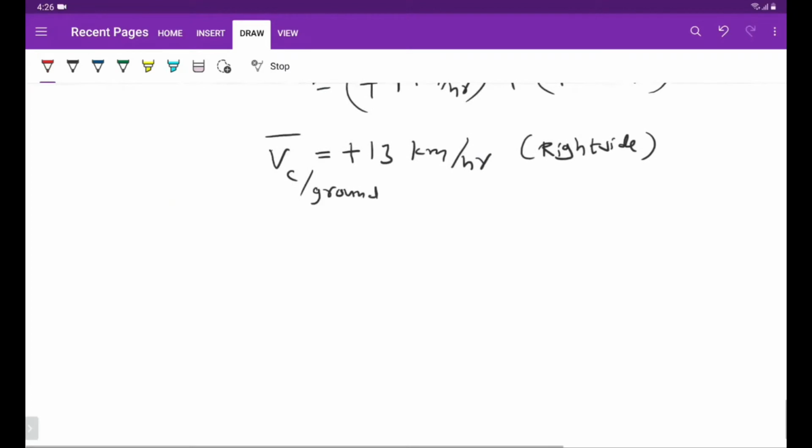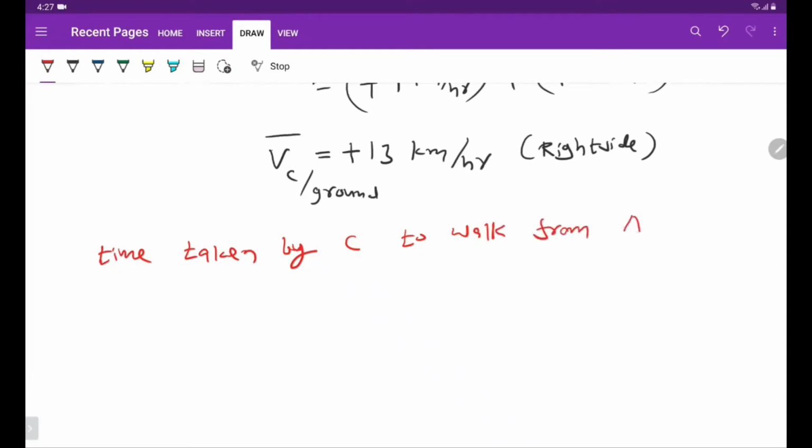So next question, time taken by C to walk from A to B. How much time does it take?